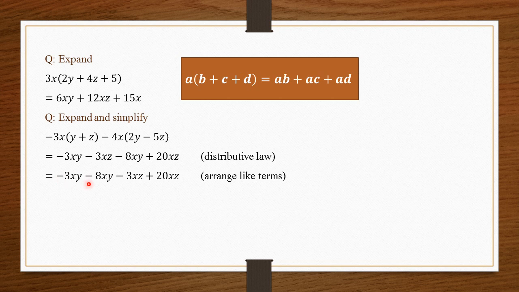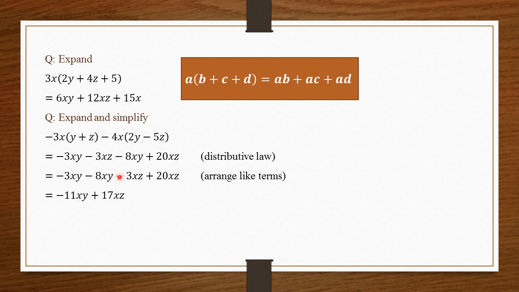Now minus and minus, these have the same sign, so you will add them. 3 plus 8 is 11, and you will use the sign of the bigger term. 8 is greater than 3, so it will be minus 11xy.